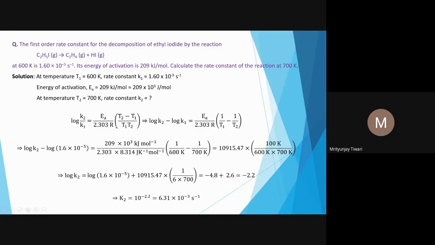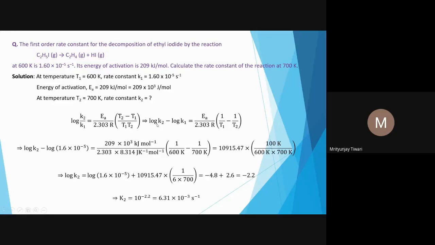So we use the same equation, and in this equation one can write log K2 minus log K1. I am going to put only the numbers and not the units, because even if you put the units, they will be cancelled out in this step. So the only numbers that will follow forward are those of the rate constant.